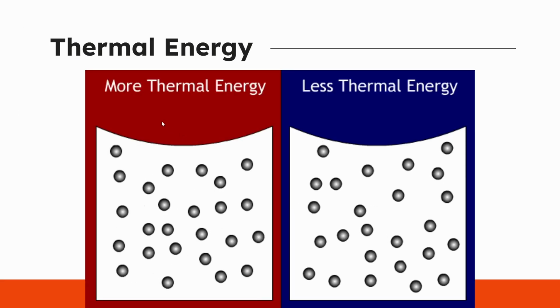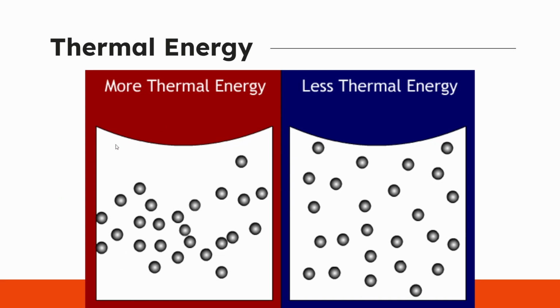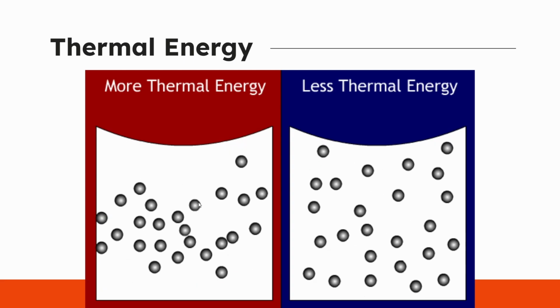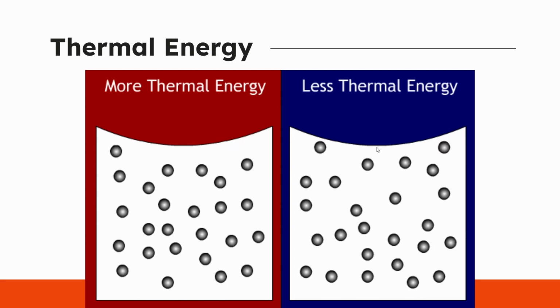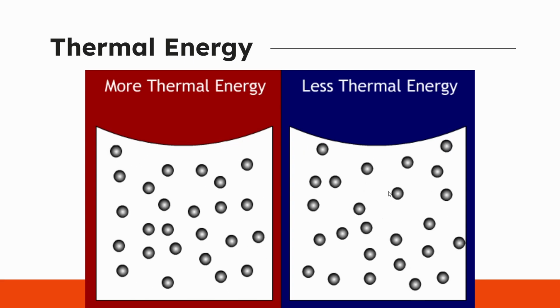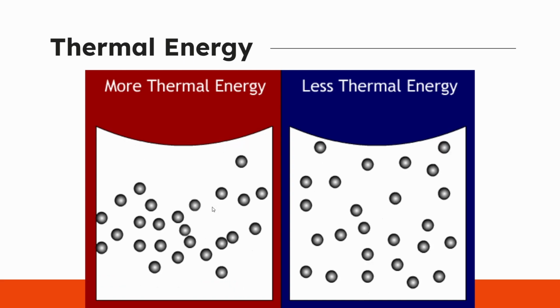Okay, so thermal energy, something that has more thermal energy or more heat would be this red one on the left. So you see how the particles are moving faster. And then the blue one, where it has less thermal energy or less heat, the particles are moving slower. So heat and kinetic energy are kind of one and the same.